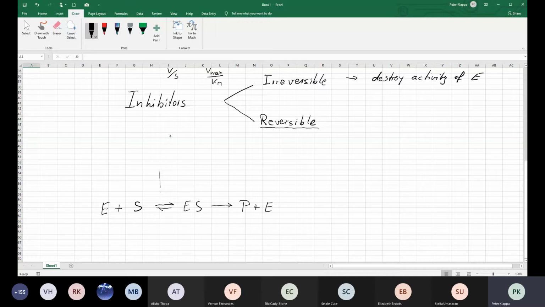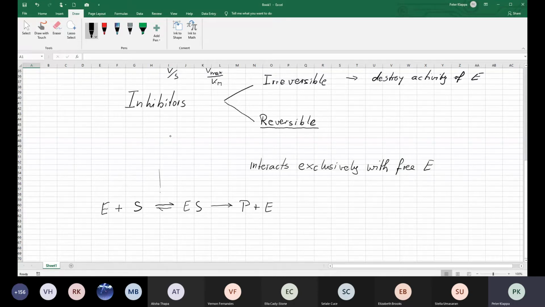And the first inhibitor that I want to introduce to you interacts exclusively with the free enzyme. So this particular inhibitor only works on the free enzyme.